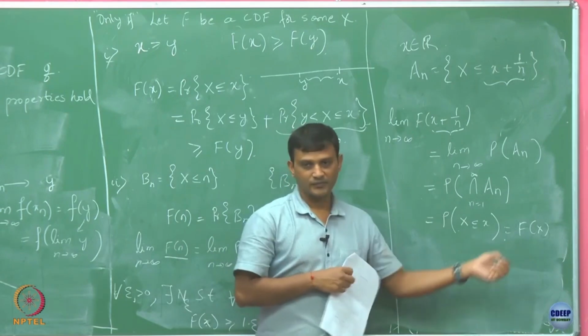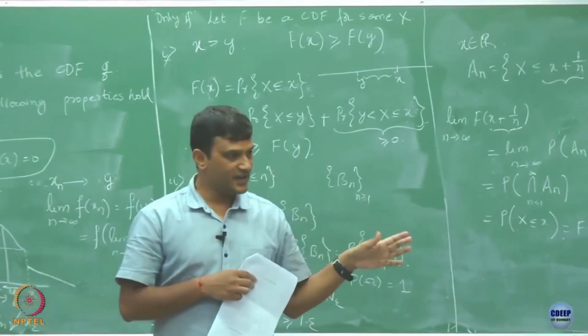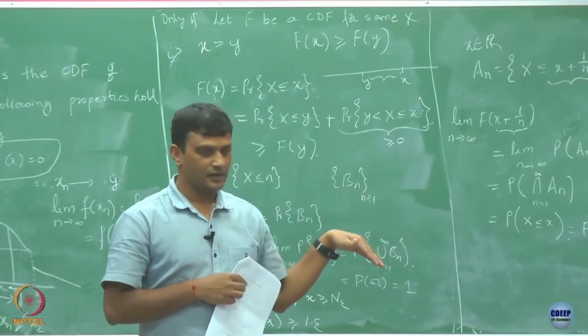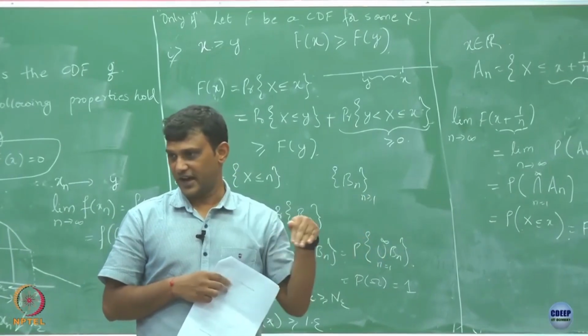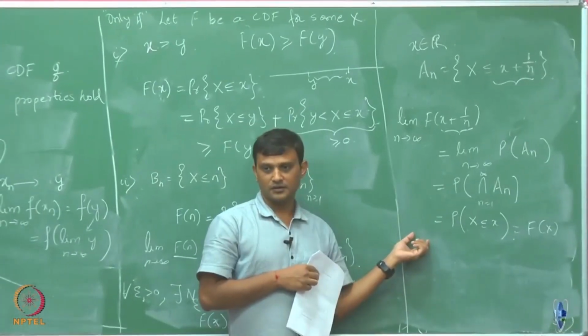this is true. But to show right continuity, what we need to show is, take any arbitrary sequence that is converging from the right and show that this holds, right.